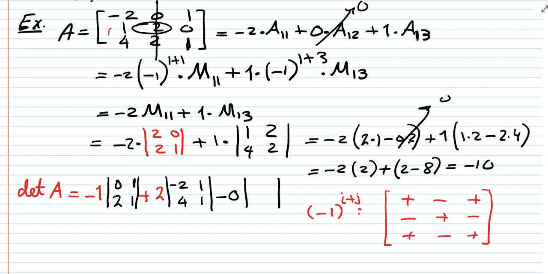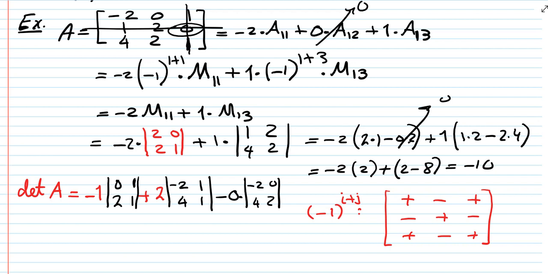And of course, that's going to be the product of 0 times whatever the determinant is, 0. But I just want to go through the motions in trying to find the minors. So you locate the element that you want the minor of. You delete the row, you delete the column. The remaining numbers are -2, 0, 4, 2.